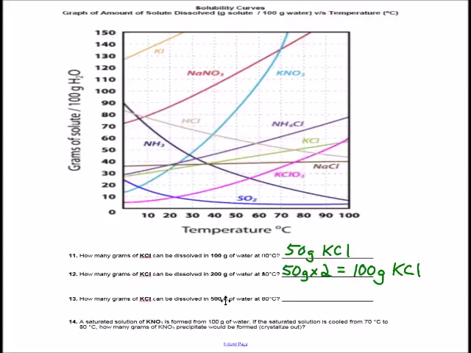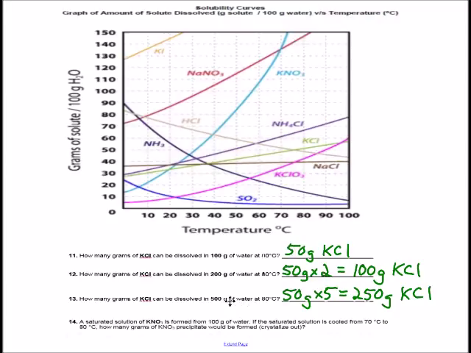How much can be dissolved in 500 grams of water? So it's still the same. I know I can hold 50 grams at 80 degrees. So 50 times 5 would be 250 grams of potassium chloride. So with these questions, you've just got to pay attention to how many times they want that amount of water to be included, because each 100 grams of water can hold 50, so I just scale that up as needed.